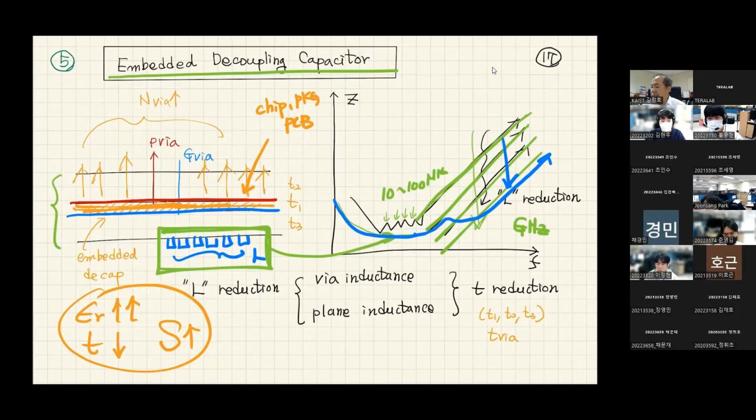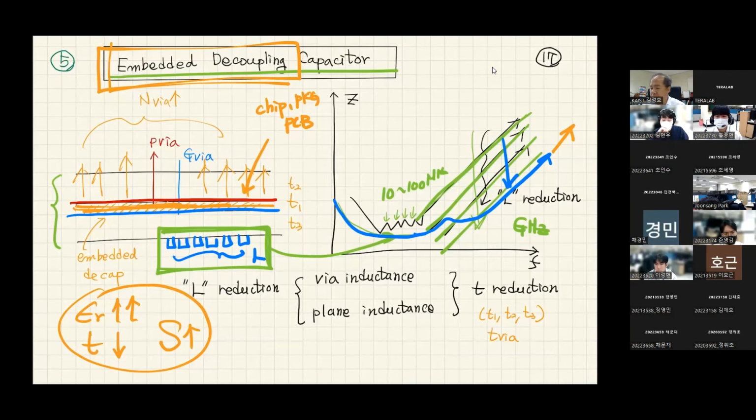And that is why in the package area, embedded decoupling capacitor is a good subject of research, and more will be used in the future. But still, I'm saying that in the gigahertz range, impedance is going up at higher and higher frequencies. The slope cannot be changed, but the bias point will be reduced by having more vias and embedded capacitors.